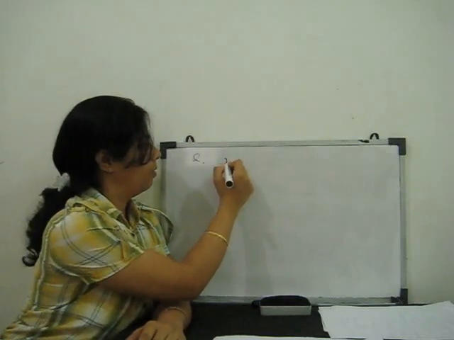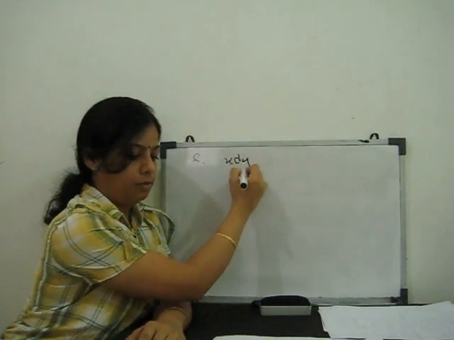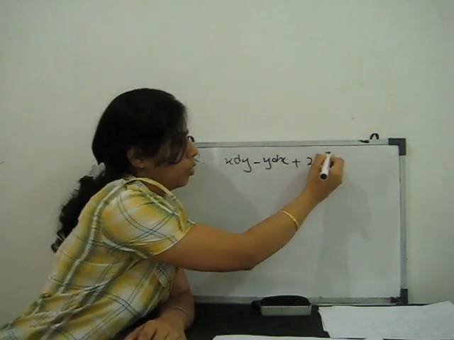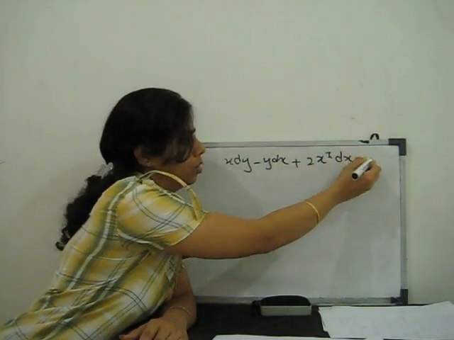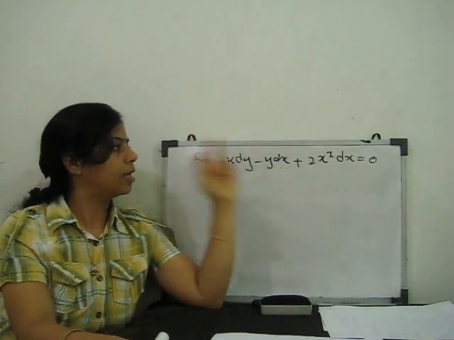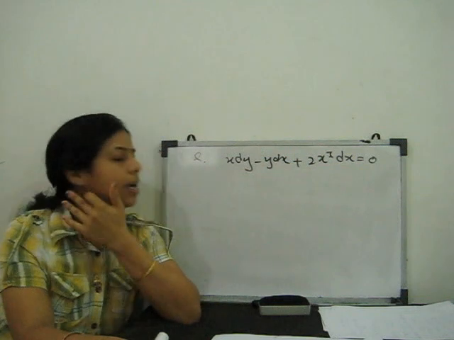First one, if our equation is x dy − y dx + 2x³ dx = 0. Here we see x dy and y dx.